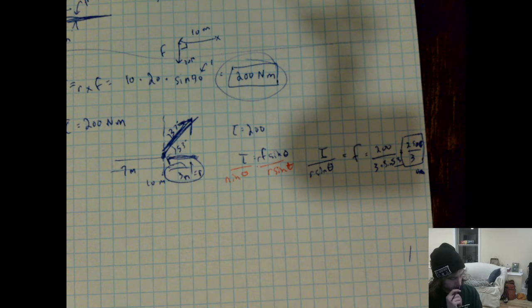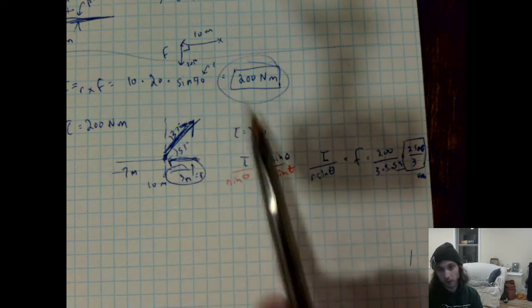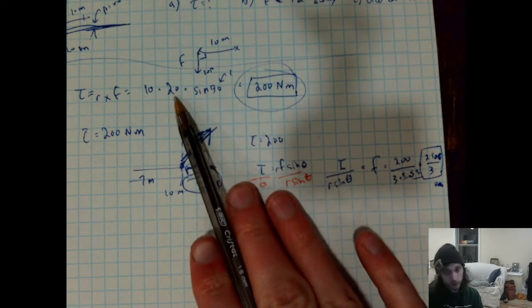To generate the same torque closer in, we'll need more force. Oh, yeah, which we definitely have. Sorry, I flipped what the force and the torque were. We have 20 newtons of force originally.